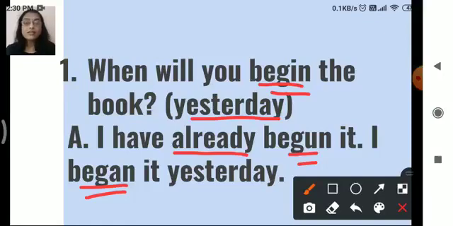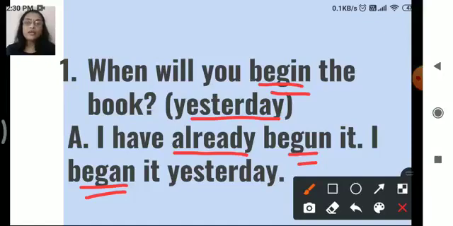While writing the answers, you will have to form two sentences. In the first, you will use already and the past participle of the verb: I have already begun it. And then when you write the second sentence: I began it yesterday.